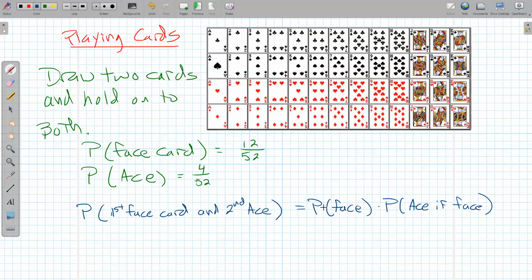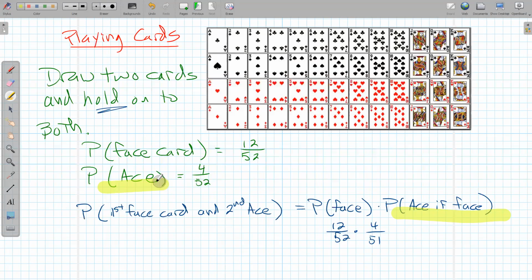And let's see what that means here. So we know the probability of getting a face card, well, that's 12 out of 52. And then times here, the probability of getting an ace if I already have, holding in my hands, a face card. Well, if I have a face card in my hands, I have less cards. Face cards are not aces, so there are still 4 aces there, but I have 51 cards. So just notice here, this probability right here is not the same as that probability right here, right?